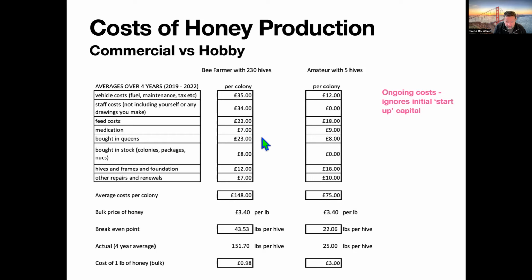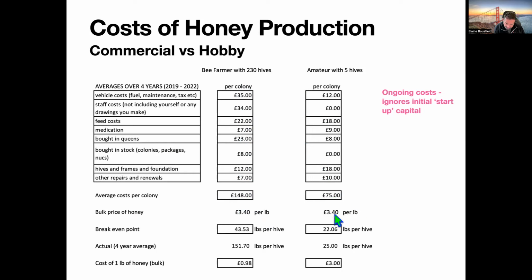And my bee farmer here, he buys in quite a few queens, and he's also bought in some nukes. But anyway, these are the sort of typical ongoing costs. And the long and the short of it is, for the bee farmer, it's costing him £148 per colony just to keep the thing going, and maybe for the amateur about £75.